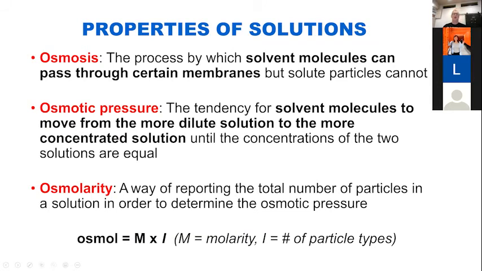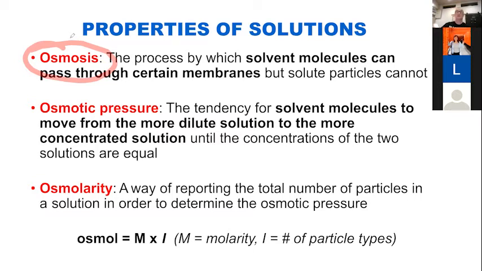So these are some properties of solutions that we haven't really dealt with yet. One of them that would be familiar for those people in the medical field is osmosis. Now, what does osmosis mean? Just like I was mentioning before, how gases, solutes, other molecules will go from areas where there are very high concentrations to one where they're very low concentrations.